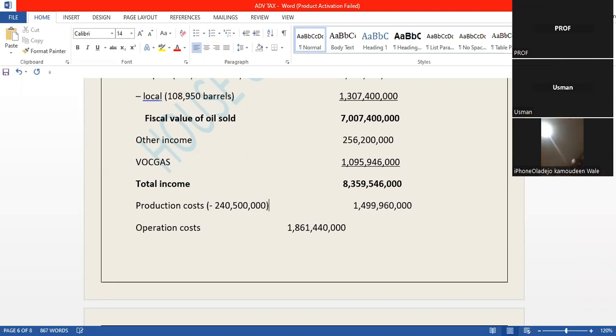So I will close that. I hope you are right. You are correct with what you have there. So let me just put that figure. So we have 1,499,960 and 1,000.